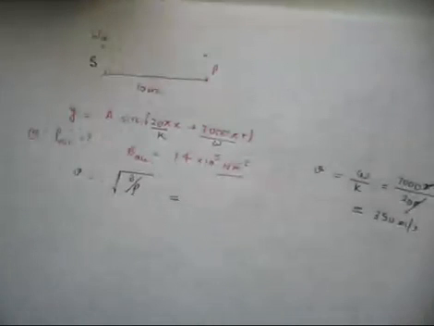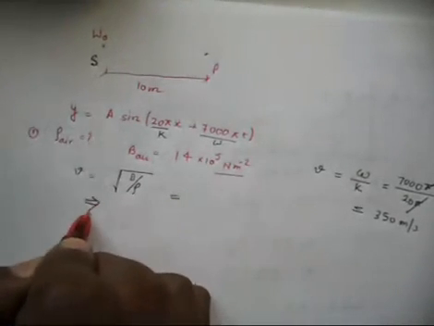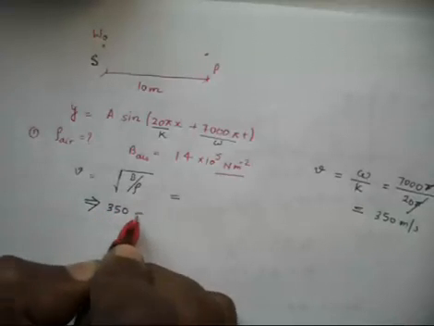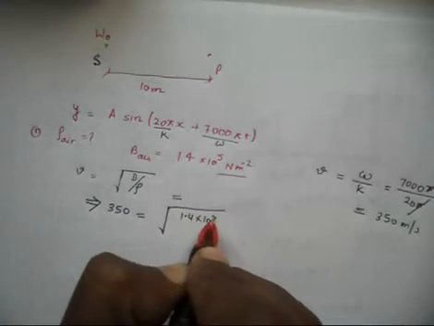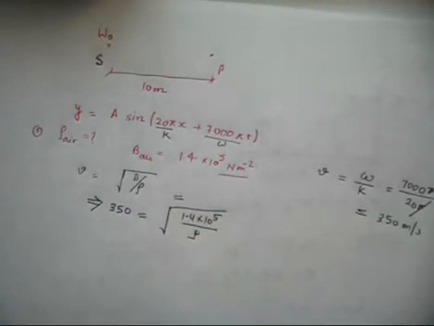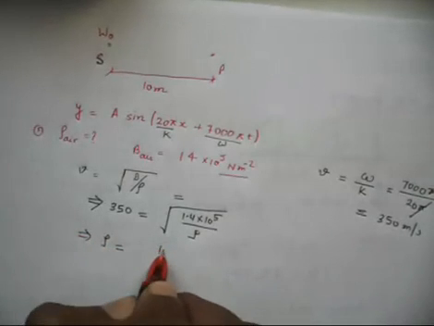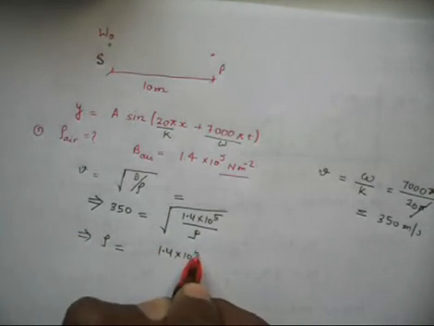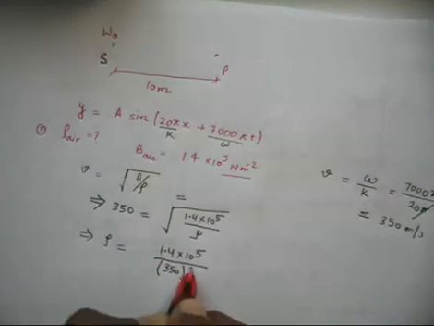So if I use this velocity, 350 equals under root B by rho. B is 1.4 into 10 to the power 5 and rho I have to find out. So let us square both sides, and rho equals 1.4 into 10 to the power 5 divided by 350 raised to the power 2.